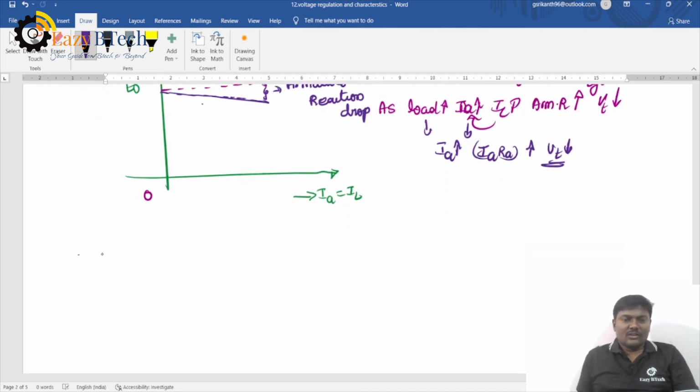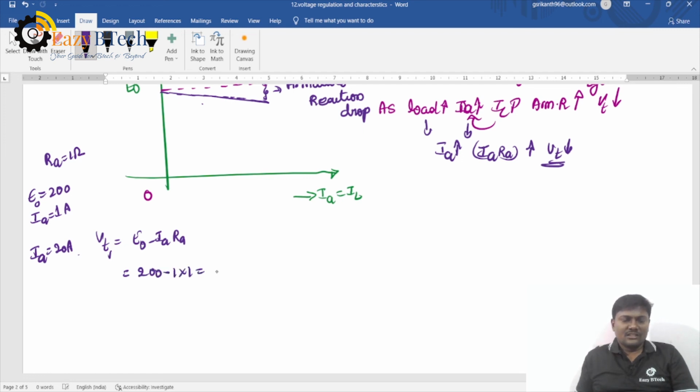So let us take one example. VT is equal to E is equal to 200 and IA under no load condition is 1 ampere and armature resistance is 1 ohm. And if IA increases to 20 amperes when the load current increases, let's check it. The VT1 is equal to E0 minus IARA, 200 minus 1 into 1, that is equal to 199 volts.